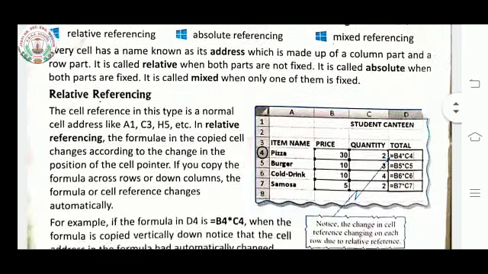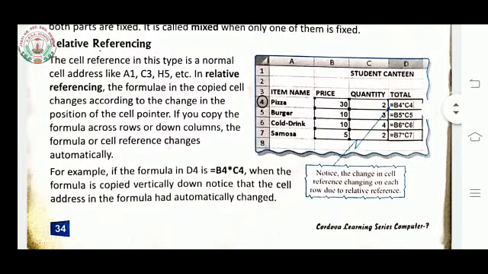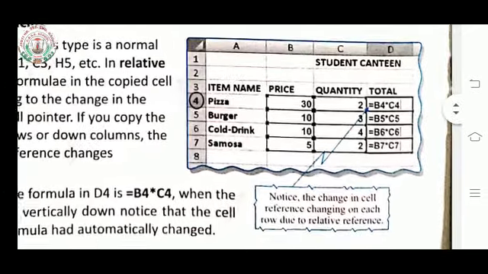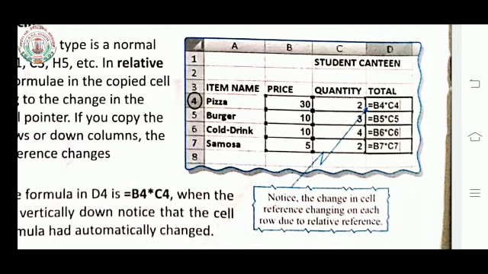First, the relative referencing. The relative reference in this type is a normal cell address like A1, C3, H5, as given in the picture here. Here you can see A1. A1 means it is the first cell. Cell means a rectangular block where the column name is A and the row number is 1.